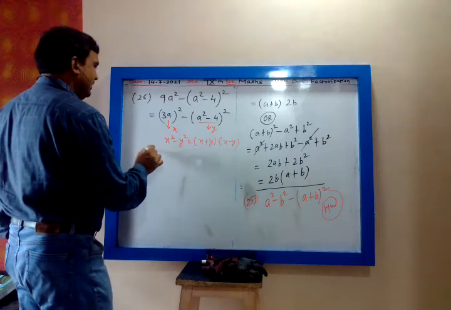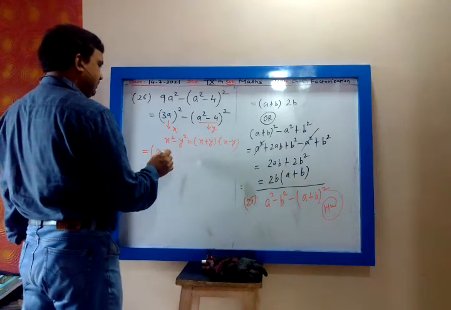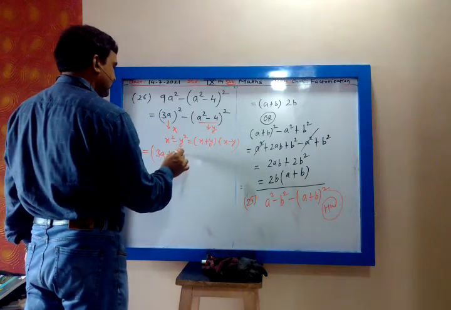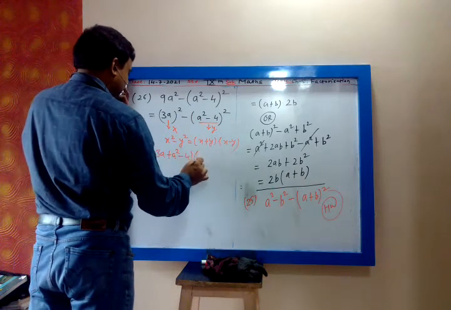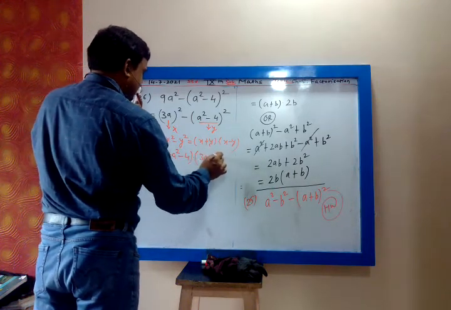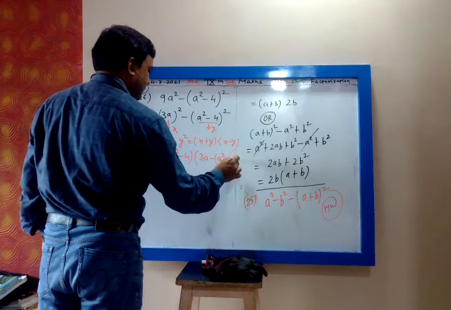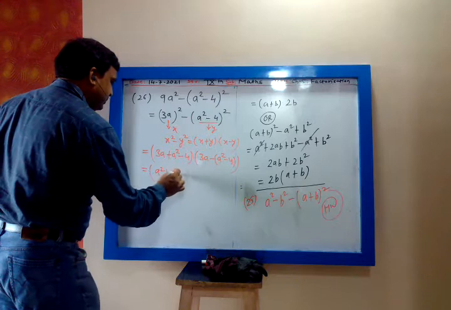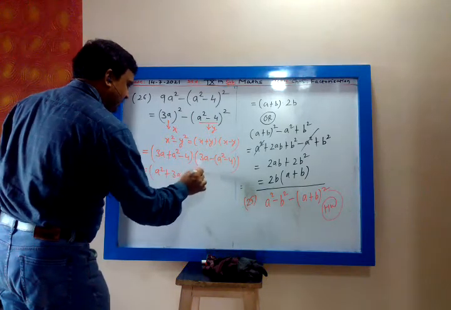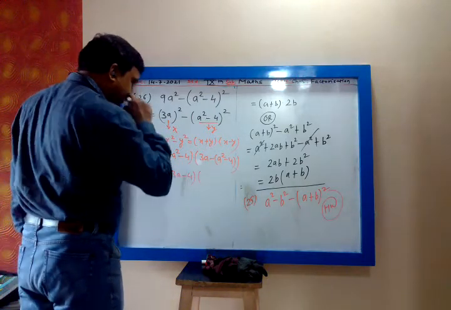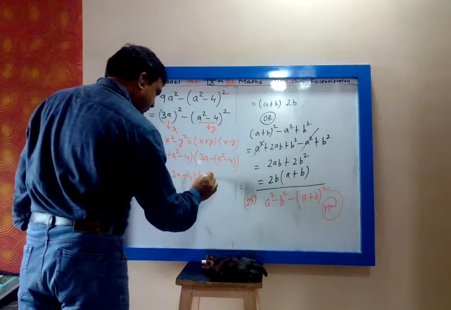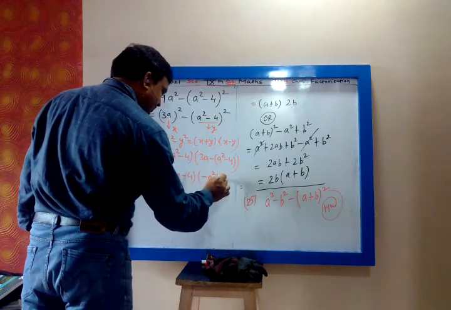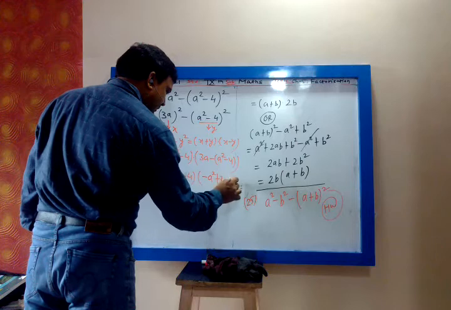So this will be (3a plus a square minus 4) into (3a minus a square minus 4). So let us solve this. This I can write (a square plus 3a minus 4), and this I can write minus (a square minus 3a plus 4).